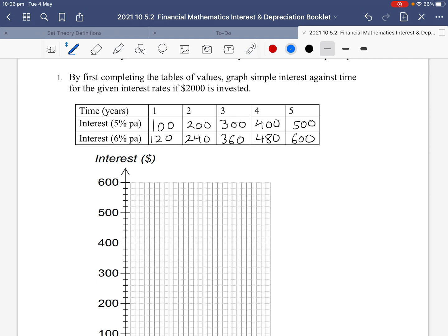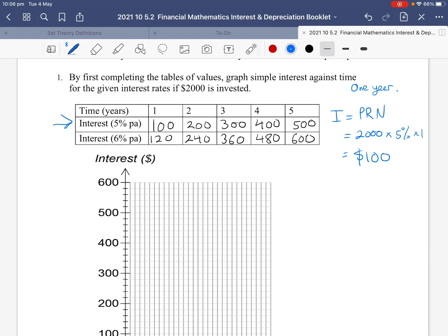Well, in our first row of the table, we've got interest applying at 5% per annum. And so the interest we're going to get each year is equal to PRN, where N is just 1 year. So the interest we're going to get in 1 year is going to be the principal 2,000 times the rate 5% for 1 year, and that gives us $100.